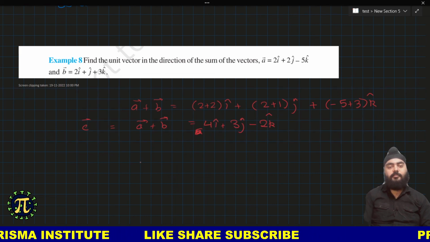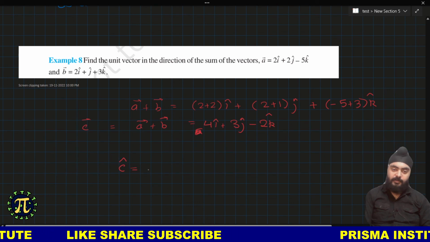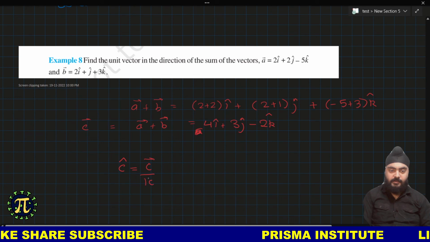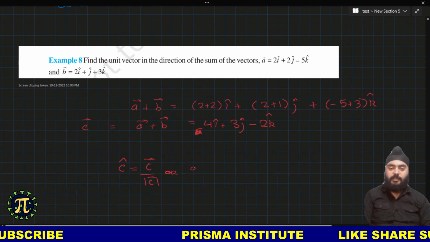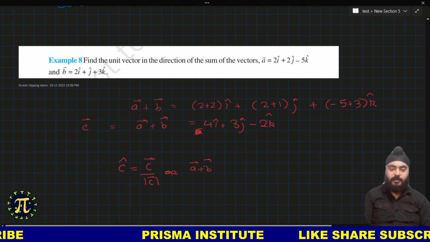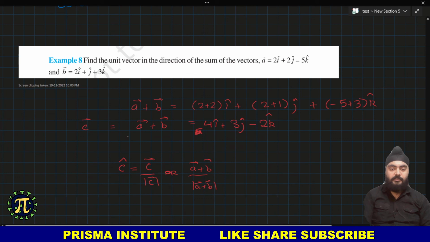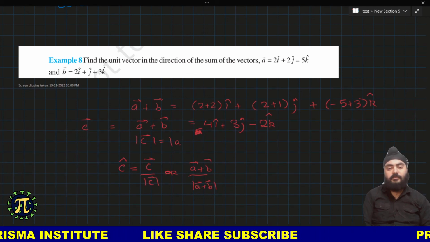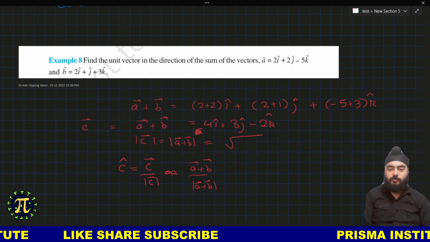So what do we have to find? The unit vector in the direction of c vector, right? We have to find c cap. c cap will be nothing but c vector divided by length of c, right? And if you want to say it, it will be a plus b vector divided by length of a plus b vector, right? Okay, what is the length of c vector or length of a plus b vector? So we can take the square root of the squares of the components.